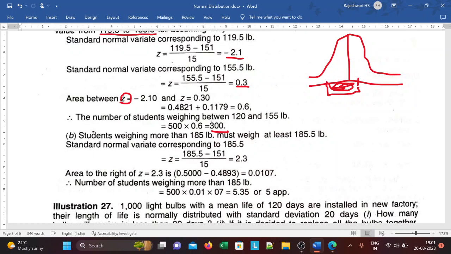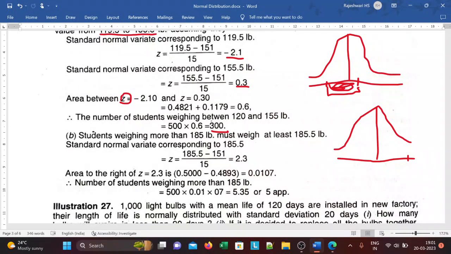In a normal distribution, the 2.3 table value is 0.4893.